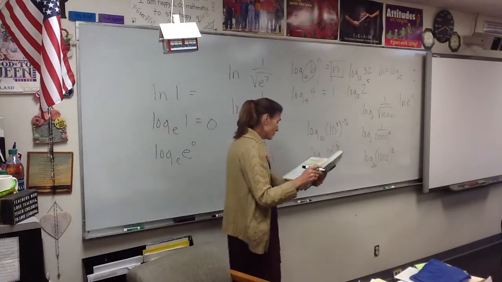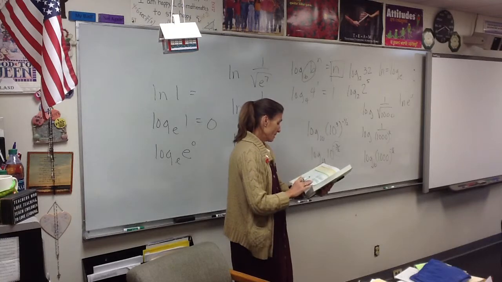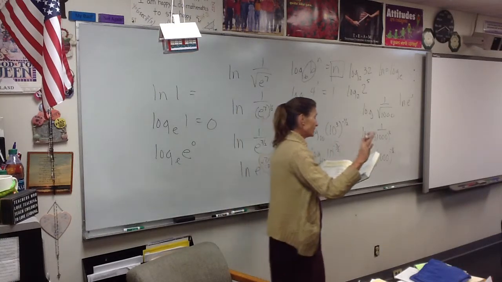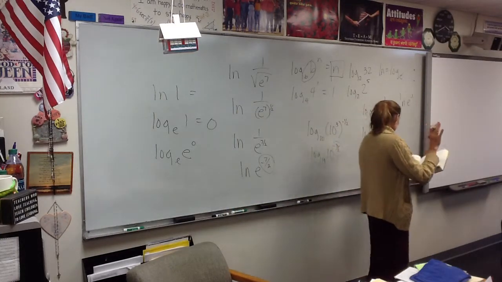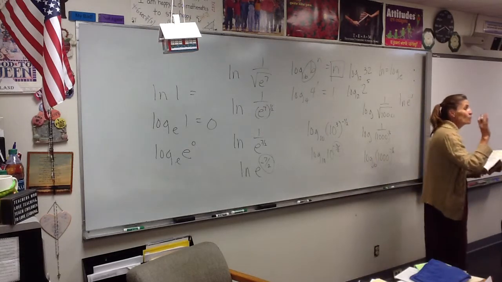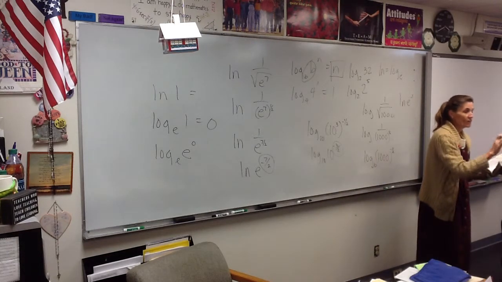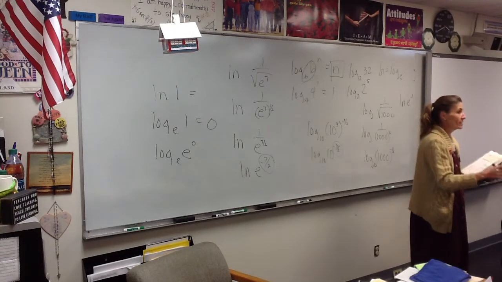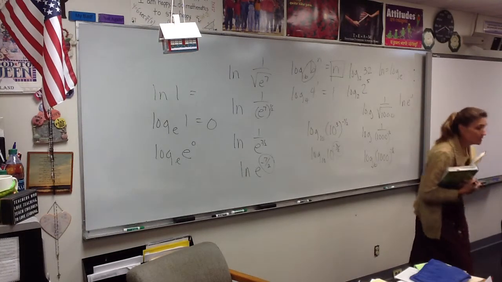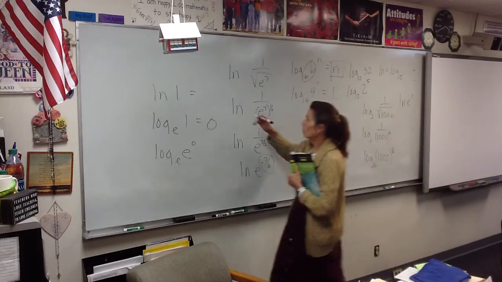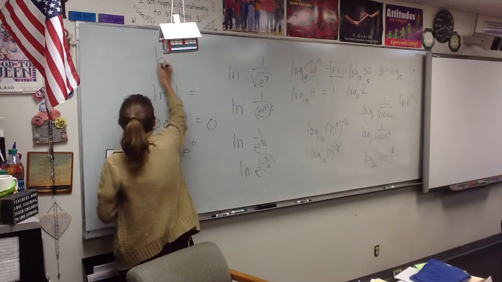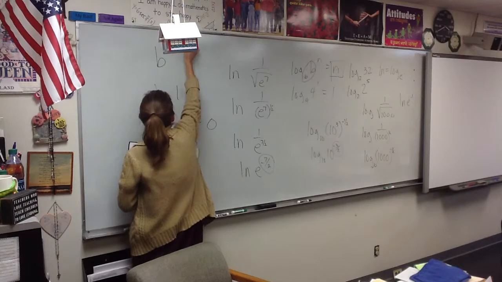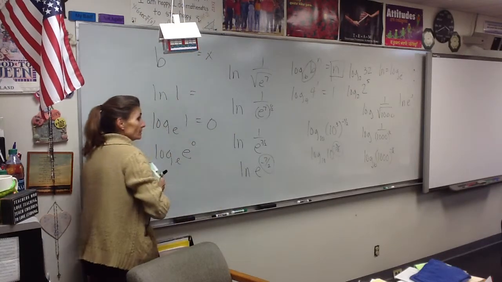Now we're going to do 19 through 24. They look so complicated. But I want you to look at number 19, and if you had to guess an answer to number 19, what would you say? 3, and you would be right. There's another property of logarithms. It says b to the log base b of x equals x.